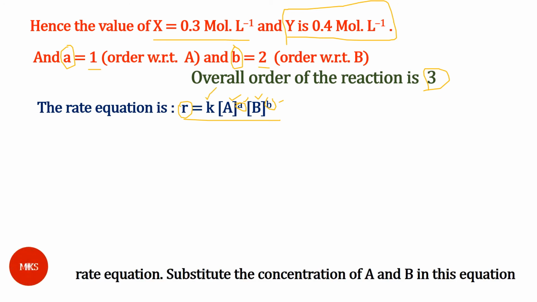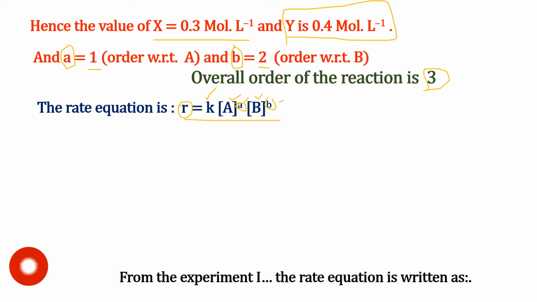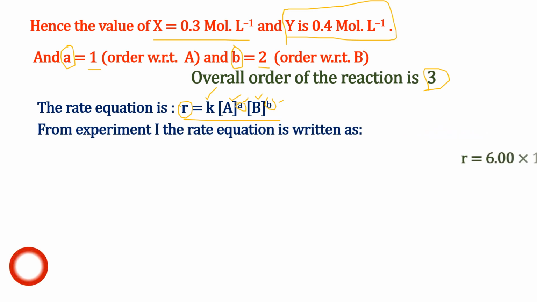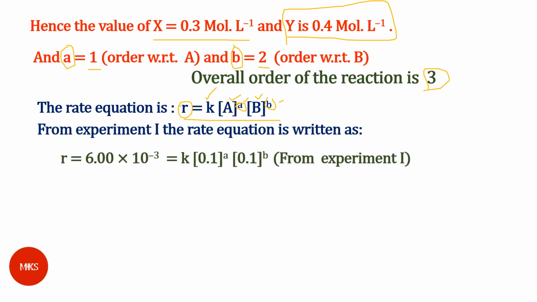Substitute the concentrations of A and B in this equation, say from experiment number 1, the first experiment. Based on the first experiment, the rate equation is written as R, which is equal to 6 into 10 power minus 3.